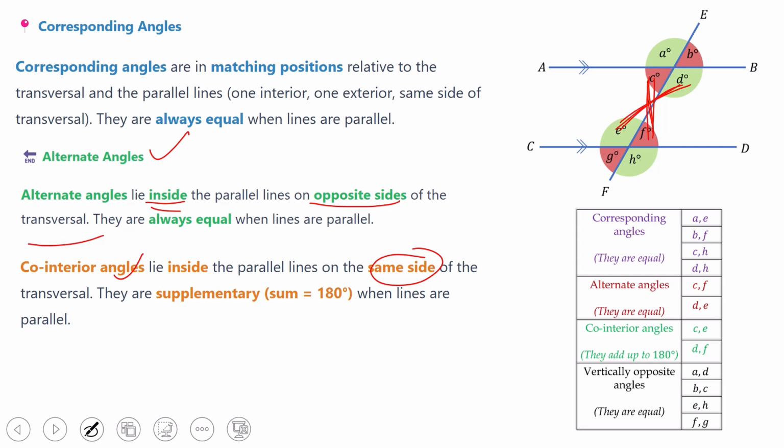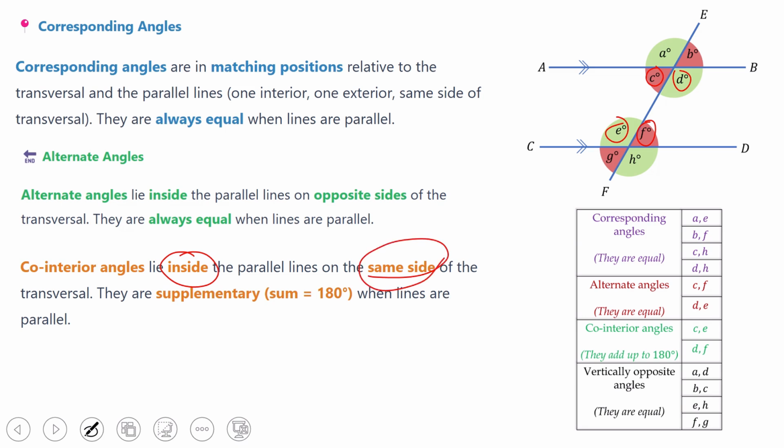But for the co-interior angles, they also lie inside of the parallel lines and they are on the same side of the transversal.